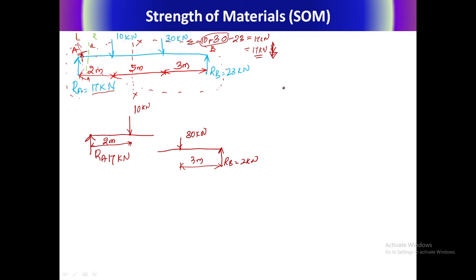If forces are acting in the upward direction as well as the downward direction, you need to consider the sign convention. So on the left hand side, it is going to push up, and on the right hand side, it tries to push down.